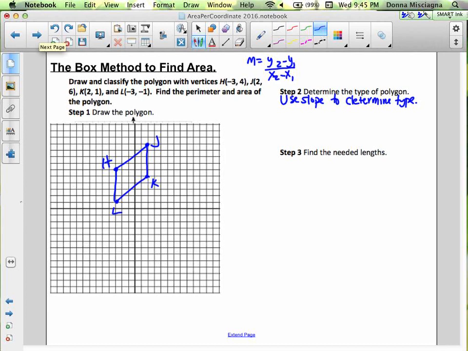So let's find the slope of HJ. That would be 4 minus 6 divided by negative 3 minus 2, which is negative 2 divided by negative 5, or 2/5. Now let's find the slope of JK.